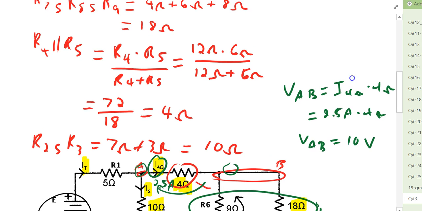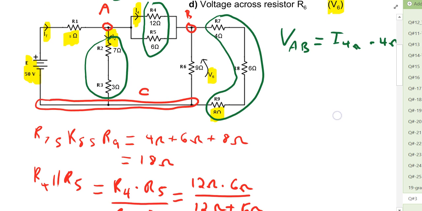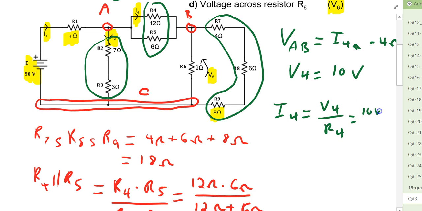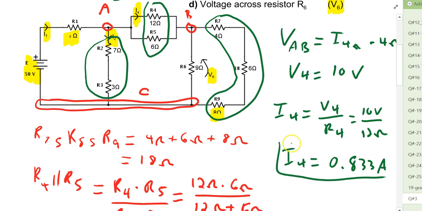And so if VAB is 10 volts, as we move back up here, we can say that V4 is equal to 10 volts. The current I4 then, by Ohm's law, will be given as V4 divided by R4. And we have 10 volts divided by 12 ohms, and I4 then has a value of 0.833 amps, and that is the answer to part C.